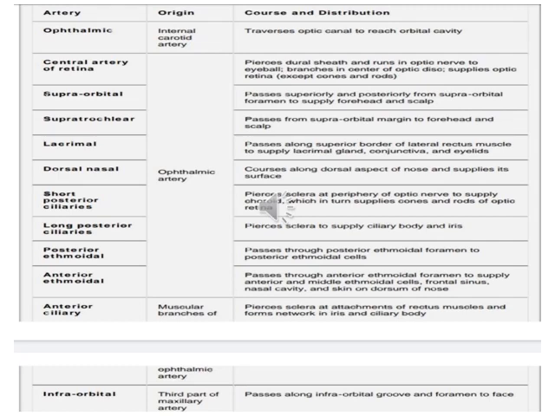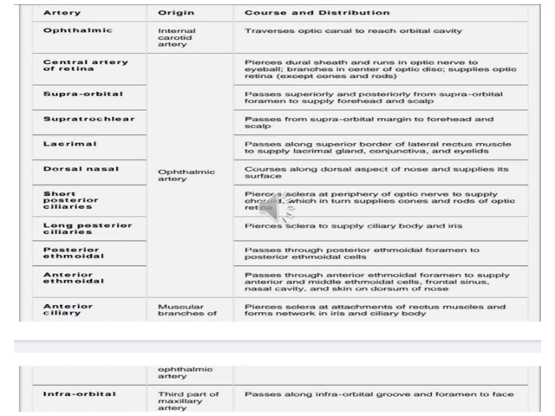Arteries within the orbit are mainly from either the internal carotid or external carotid artery. Mainly we will focus on the ophthalmic division of the internal carotid artery, which supplies the orbit with these branches.